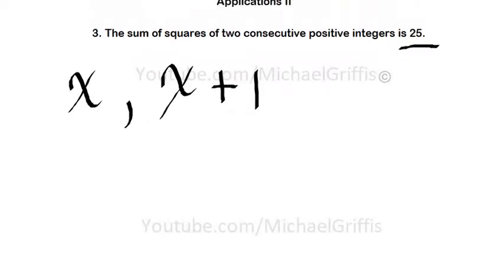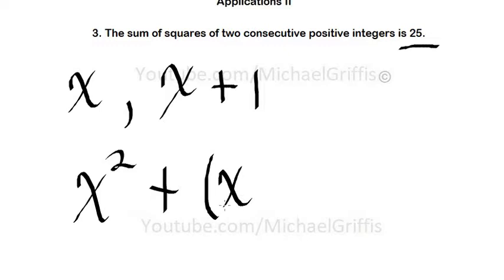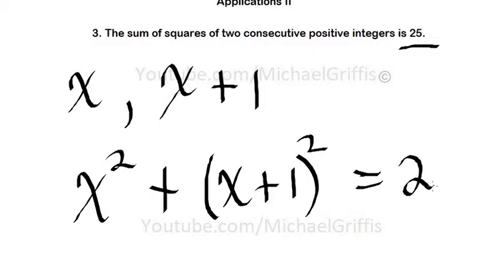So x squared, that will be our first square, plus (x plus 1) squared, that'll be our second square, is equal to 25. So now we've set our equation up, and now we want to solve for x.